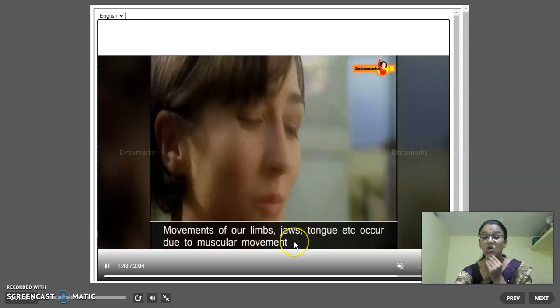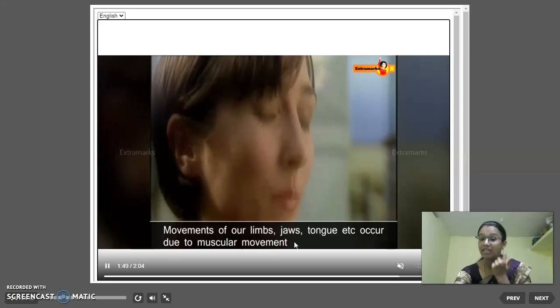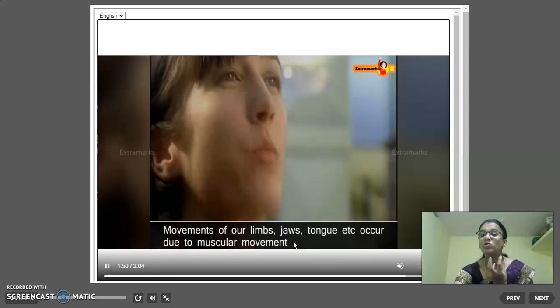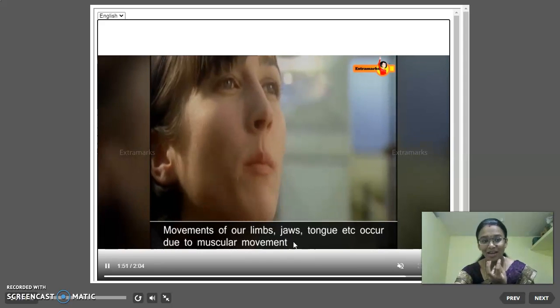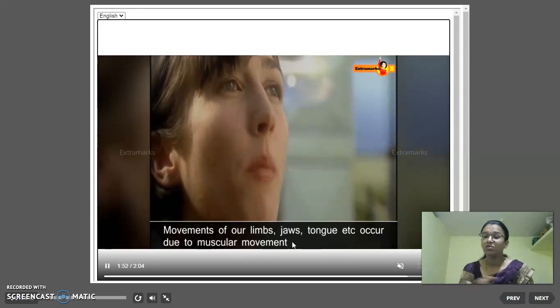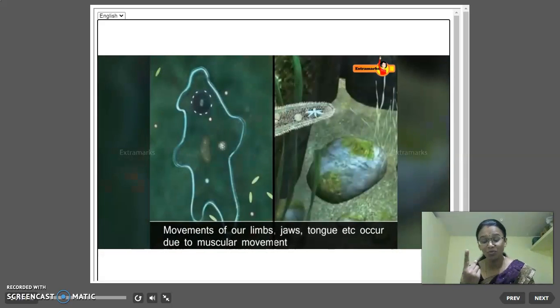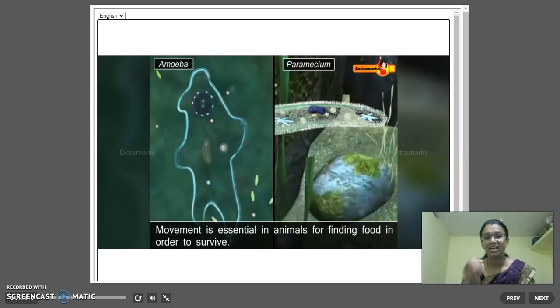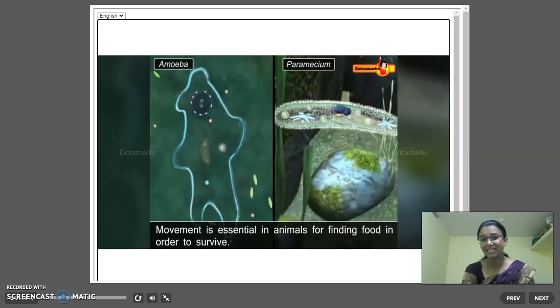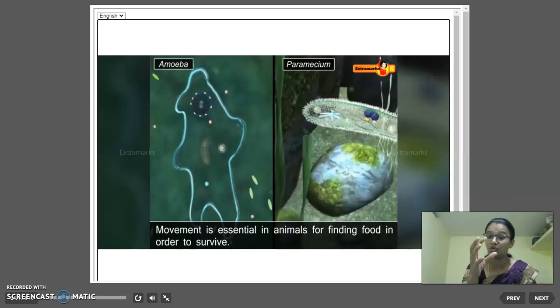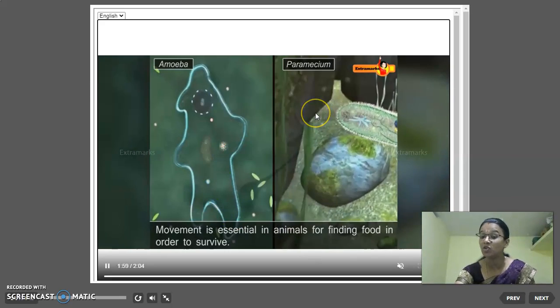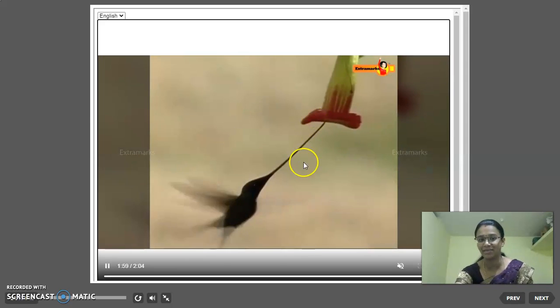They are moving the jaws, tongue, etc. Everything takes place with the help of muscles, so they are called muscular movement. In our body, amoeboid movement and ciliary movement also take place. This amoeba and cilia move in search of food. Okay, children. And paramecium is also a single-celled organism.